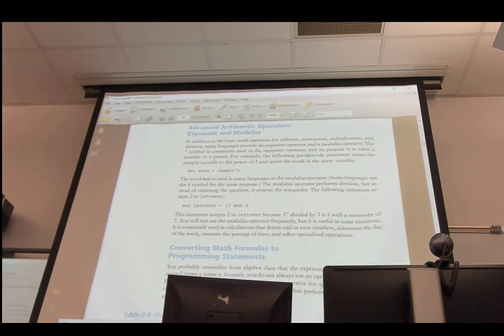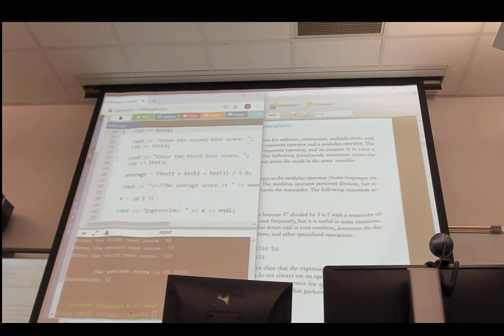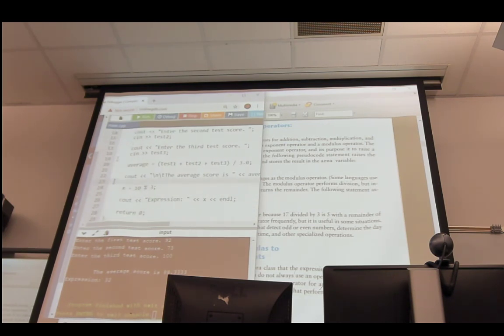Now that modulus, okay, let's take this. Let's go back here. If I do x is 10 modulus 3, what's the answer for x? All right, 1. So what I'm going to do, class, I'm going to take this out. I'll do slash asterisk, and I'm going to do a group comment.